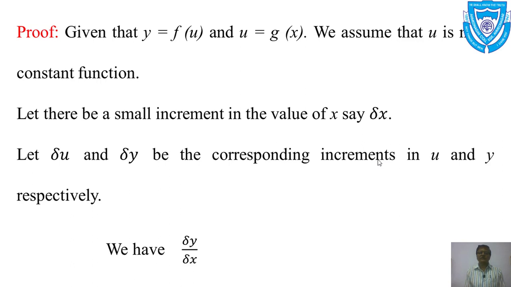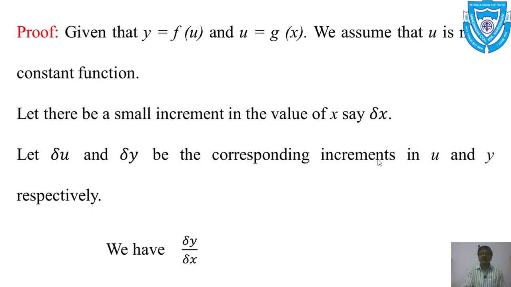Now let us look at this ratio delta y upon delta x. This is the ratio of two non-zero quantities. Delta y and delta x are increments, they are numbers, so I have written their ratio.